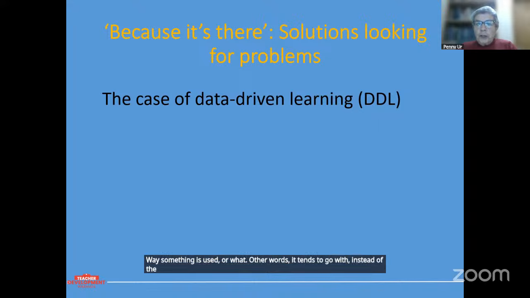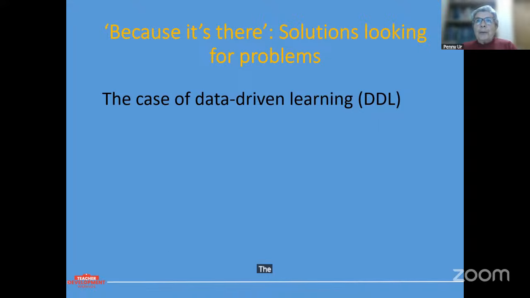Instead of the teacher telling them, the students go to the primary data and find out for themselves, student discovery. So that's why it's called data-driven learning.